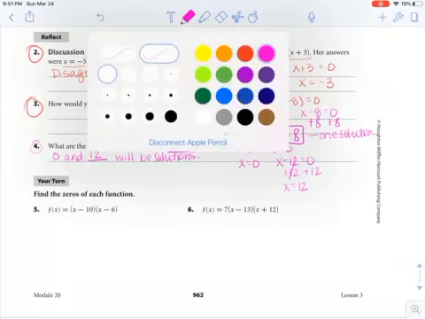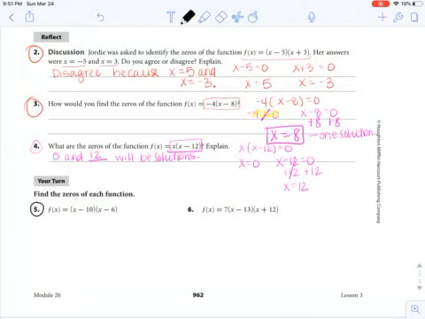Okay? So now let's go ahead and look at 5 and 6. We're going to start with number 5. We take each part and set it to 0 after we set the function equal to 0. That's our first step. Our second step is breaking it apart. So x minus 10 equals 0 and x minus 6 equals 0. Do I really need the parentheses?